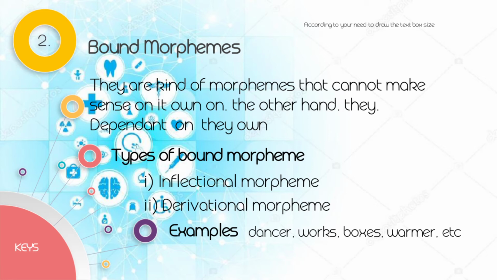We have inflectional morphemes and then the derivational morphemes. And under these, we have examples: dancer, works, boxes, etc.